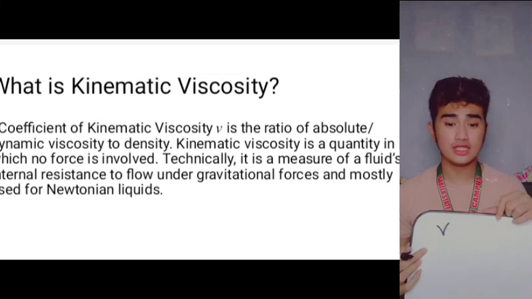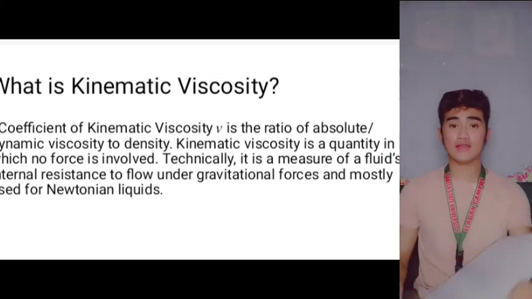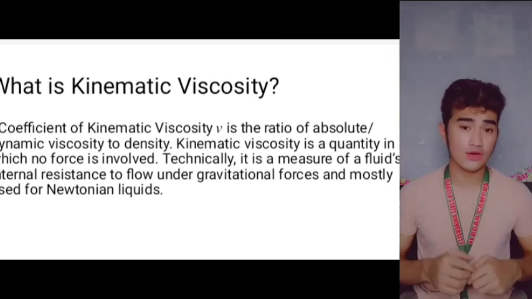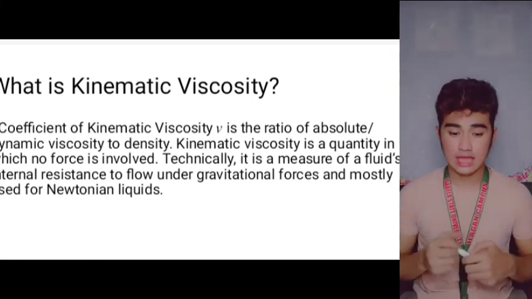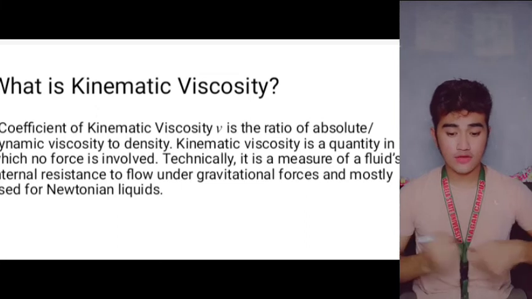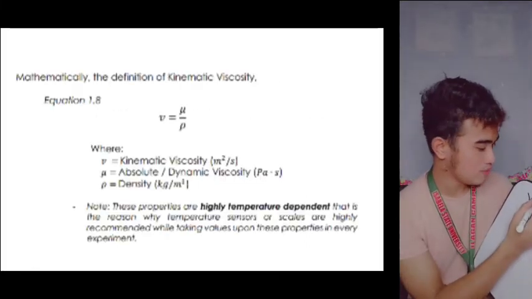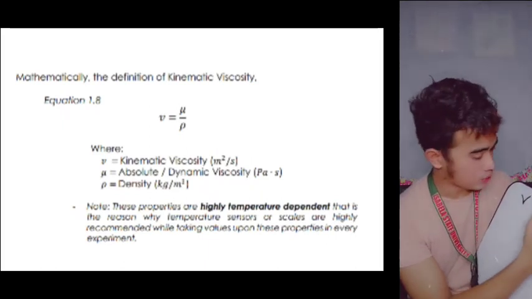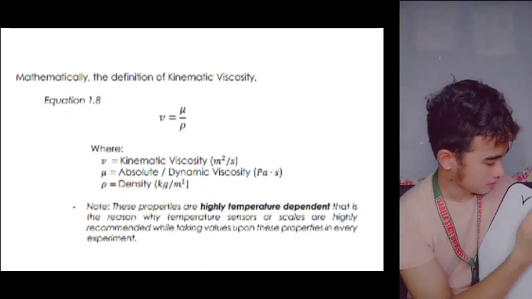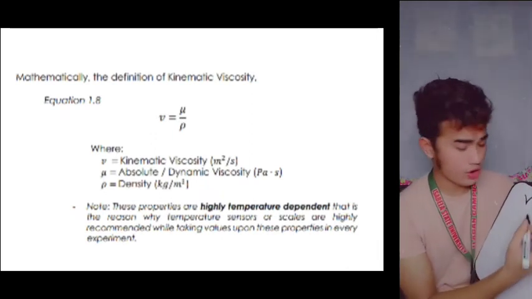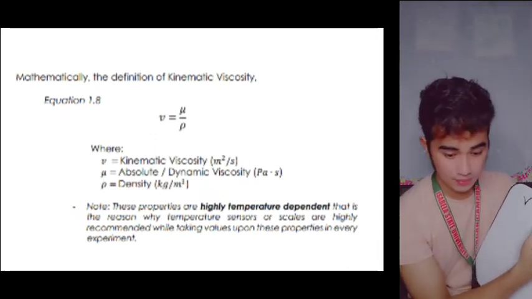So by definition, we say that kinematic viscosity is the ratio of absolute or dynamic viscosity of the fluid to its density. So to put this into formula, we say that kinematic viscosity, or the nu, is equals to mu divided by rho, or fluid density.